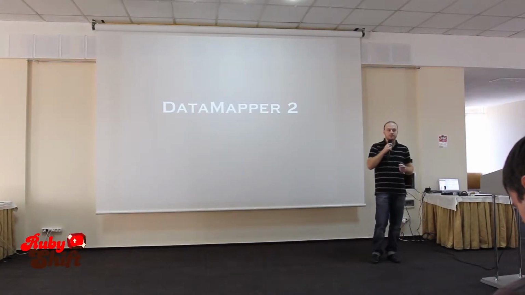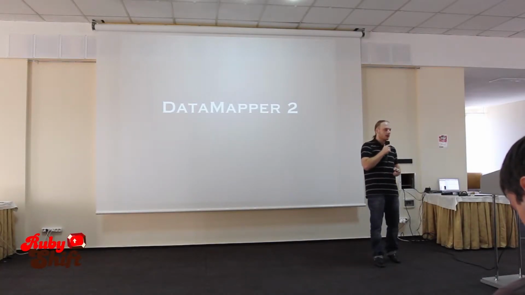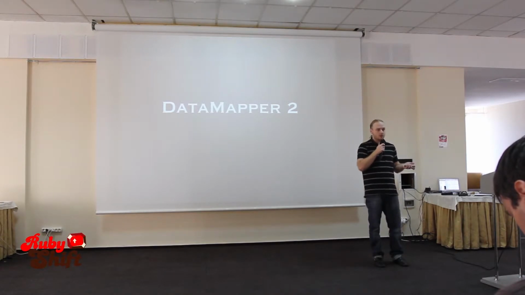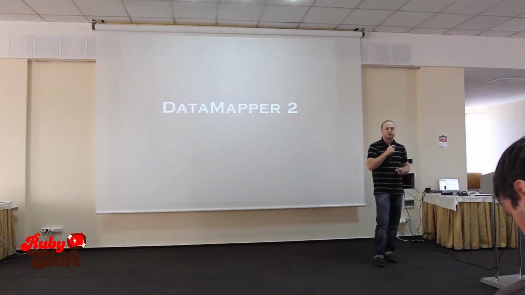So after 4 years of trying to build a better Active Record, we just realized it will never happen. We just need to do something else. And because there's a different pattern called DataMapper, and we don't have any implementation of DataMapper in the Ruby community, we are just hoping to do that.